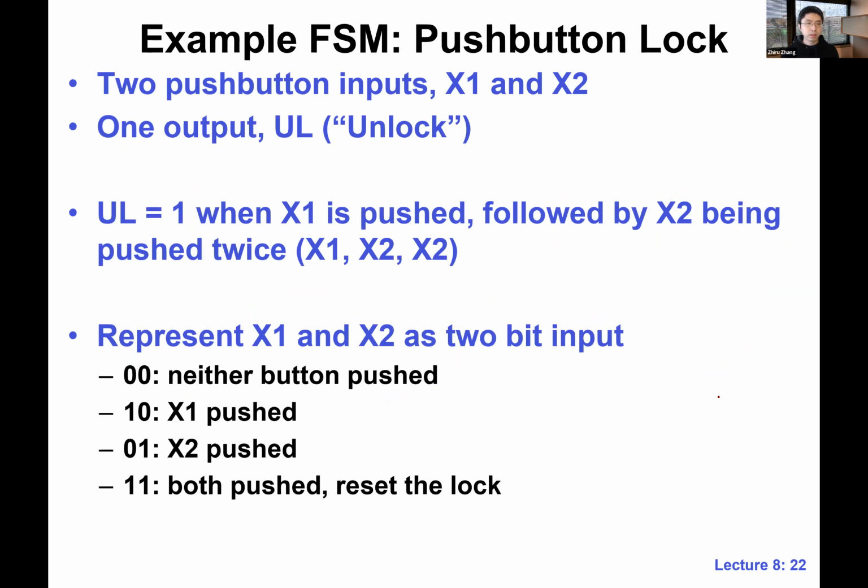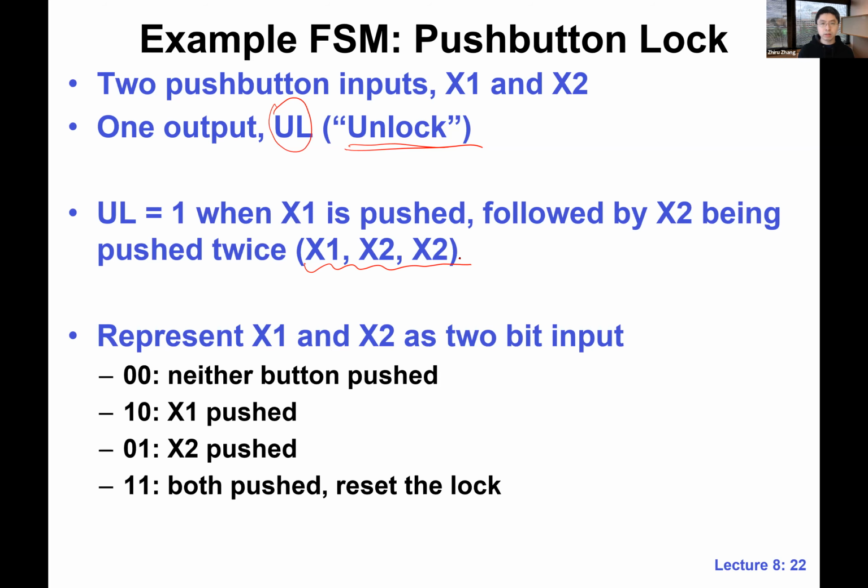We have an output UL, meaning unlock. We unlock when we see X1 button pushed, followed by the X2 button, and then X2. We push X1 once and push X2 twice.